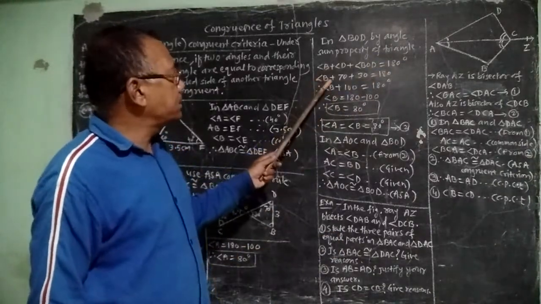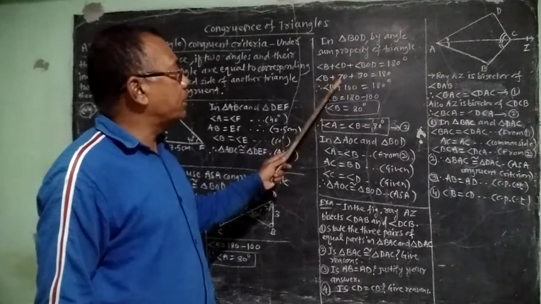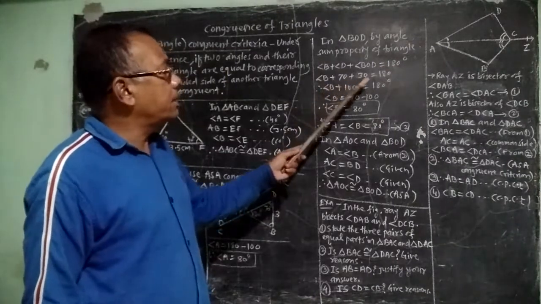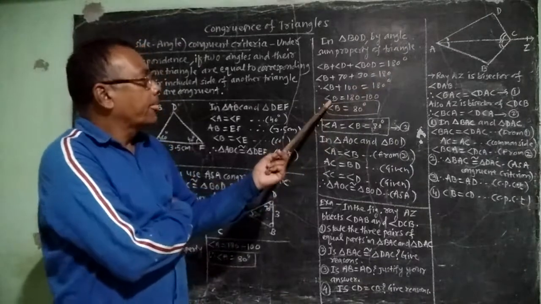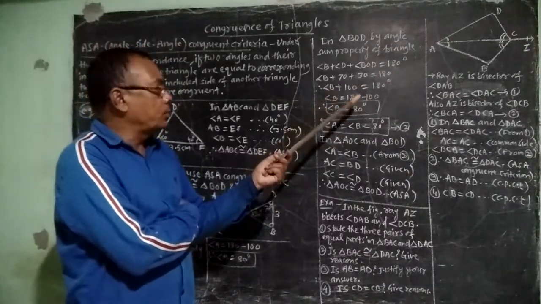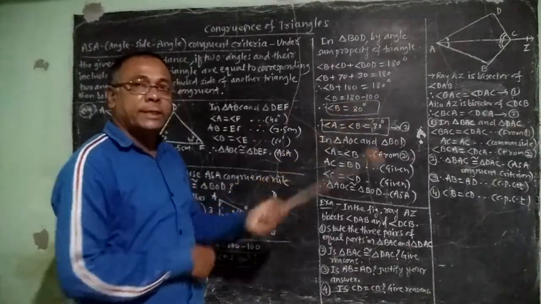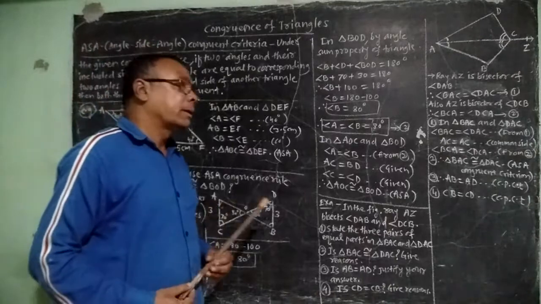Angle B plus angle D is 70, angle BOD is 30, so 70 plus 30 is 100. So angle B plus 100 is equal to 180 degrees, and therefore angle B is equal to 180 minus 100, that is, angle B is equal to 80 degrees.